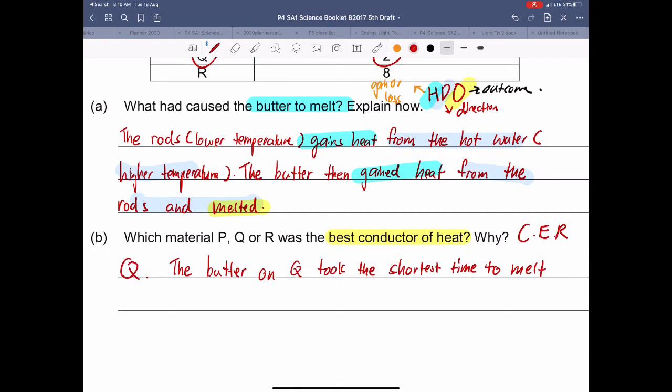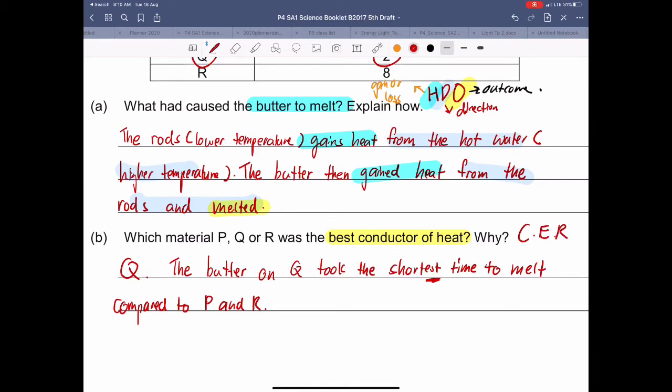Now once again, you need to take note: shortest, not shorter, not short. Because there are 3 different materials, you need to be very careful with the form of comparison word that you're using now. Okay? Compared to materials P and R. So this is like your evidence.